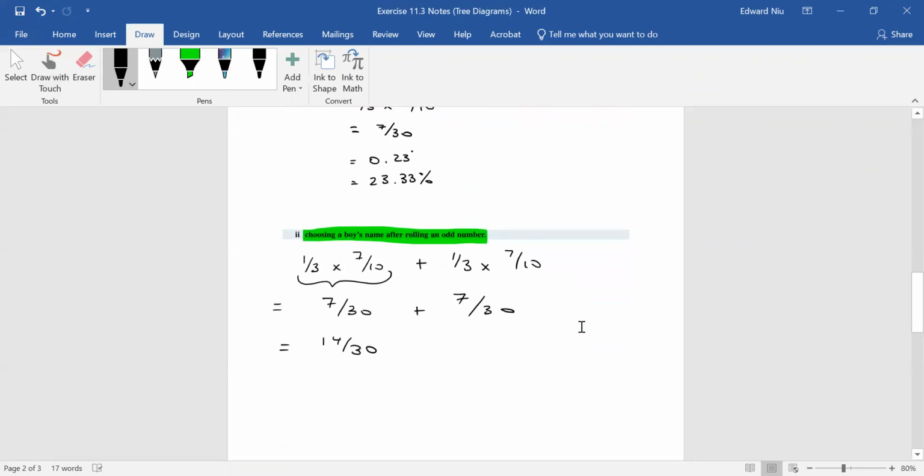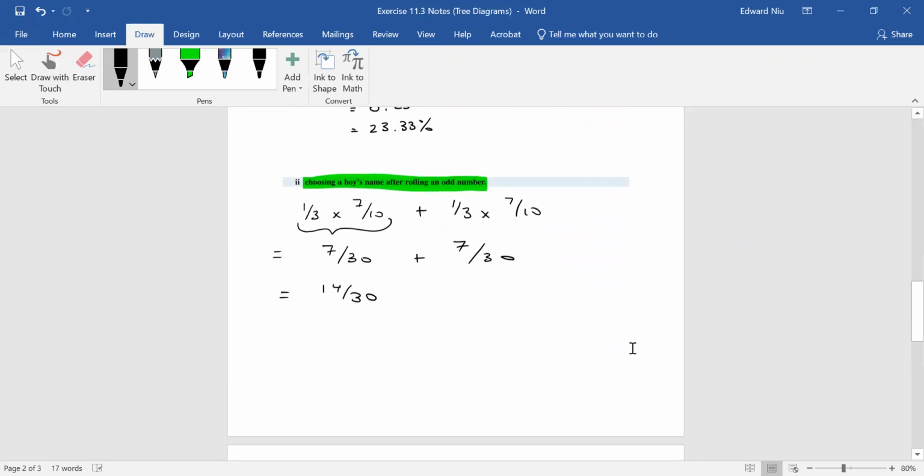What is that? 14 divided by 30 is 0.46 recurring, which means it's about a 46.67% chance.